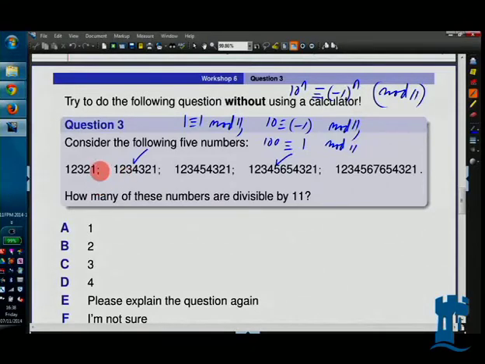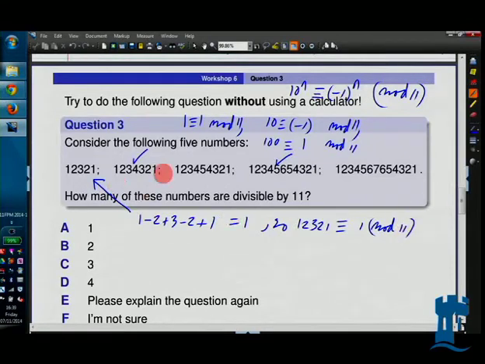So this one, you have to do 1 minus 2 plus 3 minus 2 plus 1, which I think is 1. So this is congruent to 1 mod 11, which means it's not divisible by 11.